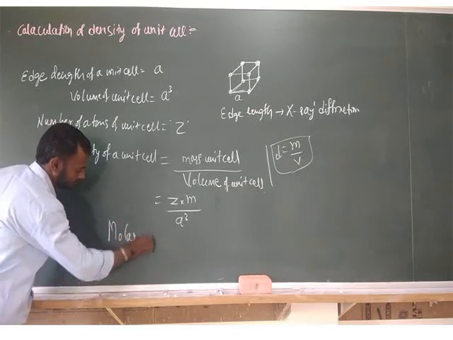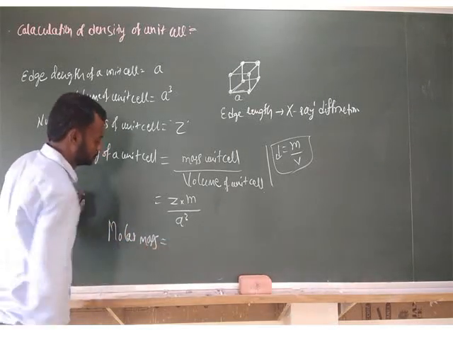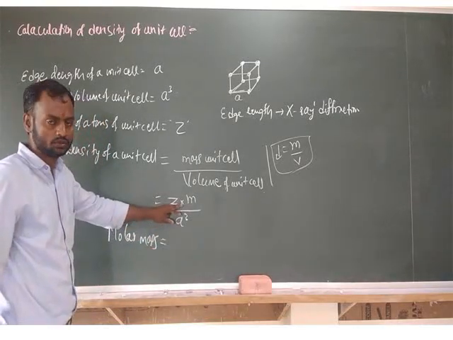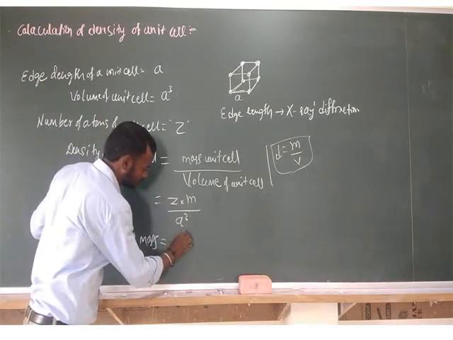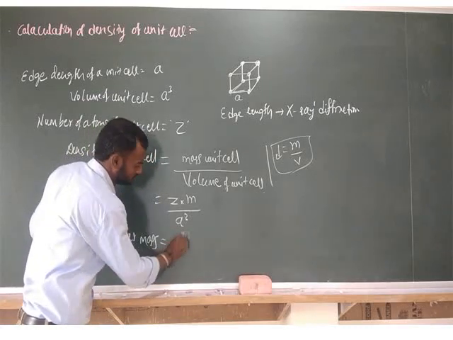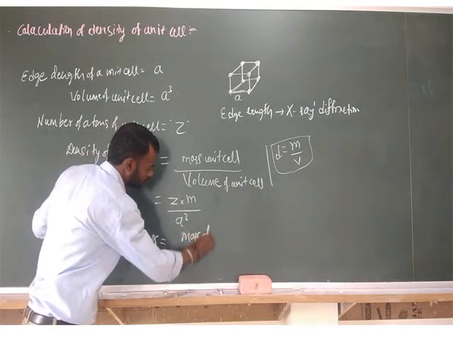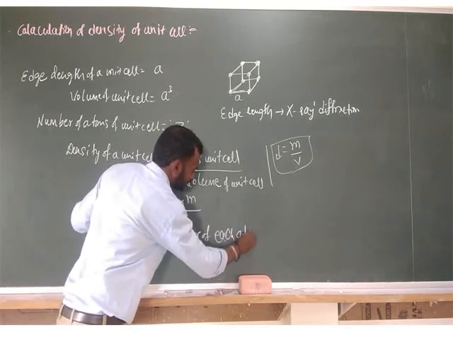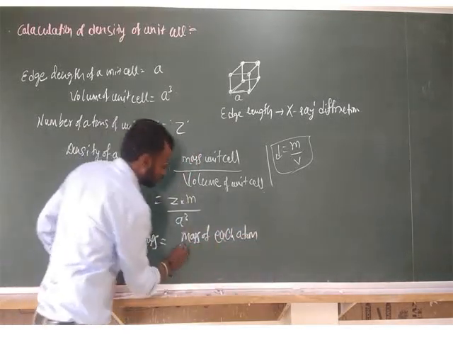The molar mass, capital M, is equal to the mass of each atom, small m, multiplied by Avogadro's number.